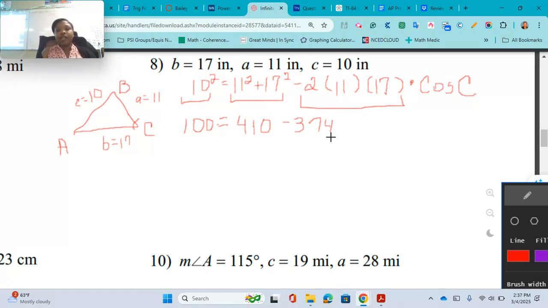And we bring back the cosine C. We need to get the cosine C by itself. What do we move on the right side of the equal sign? The 410. That's a positive 410. How do we move it? Subtract it.